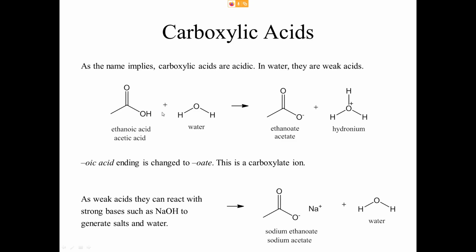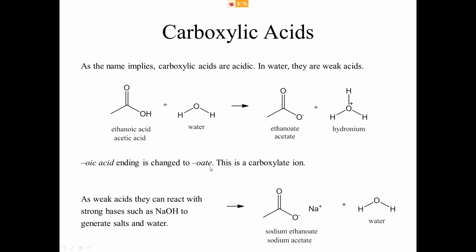And this is going to be called the conjugate base, or the carboxylate. So instead of being a carboxylic acid, it's called the carboxylate. So ethanoic acid becomes ethanoate. We've lost the term acid because it's no longer an acid, and we have the conjugate base form, which is -oate. So we drop that -oic acid ending, the one we just put on. In its place, we write -oate.